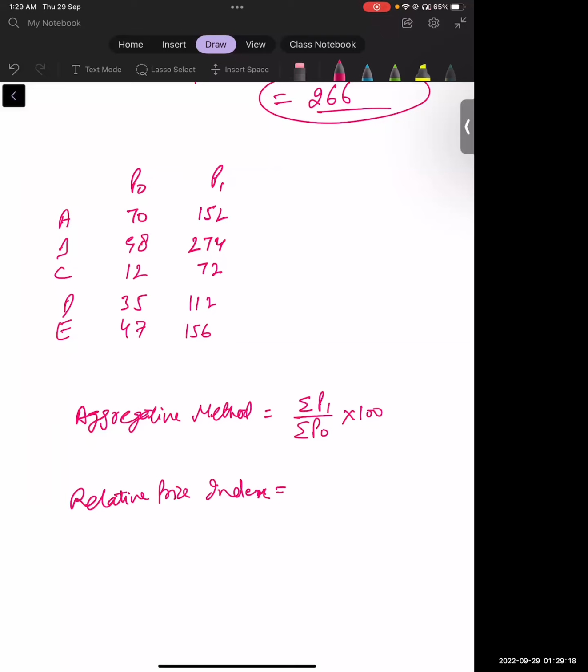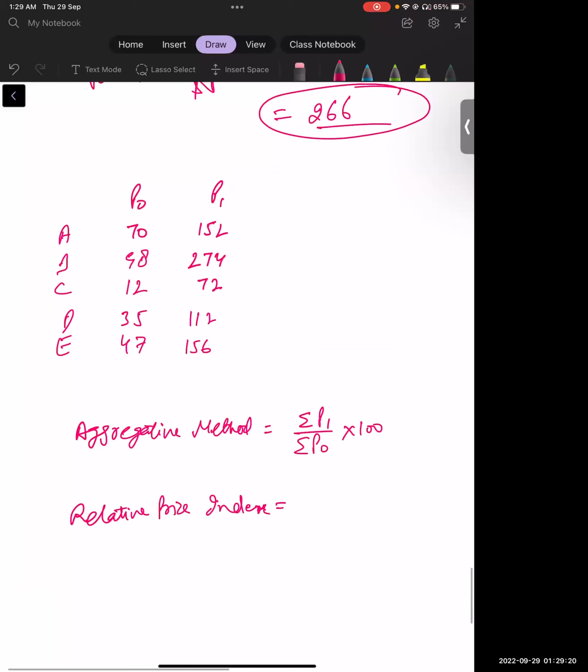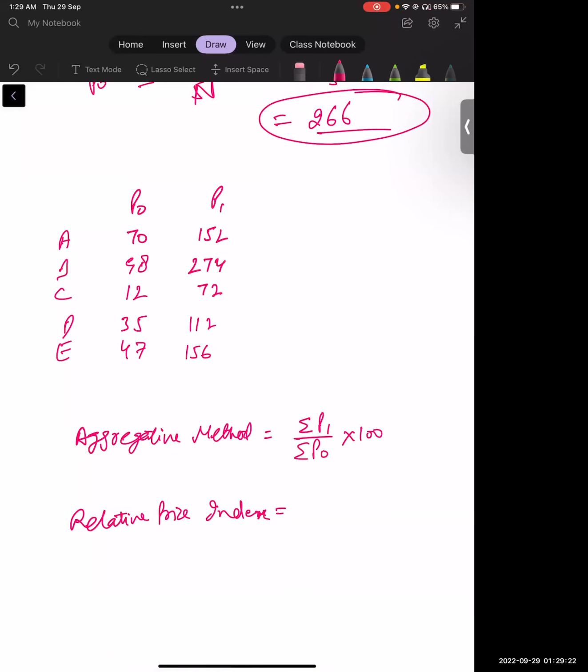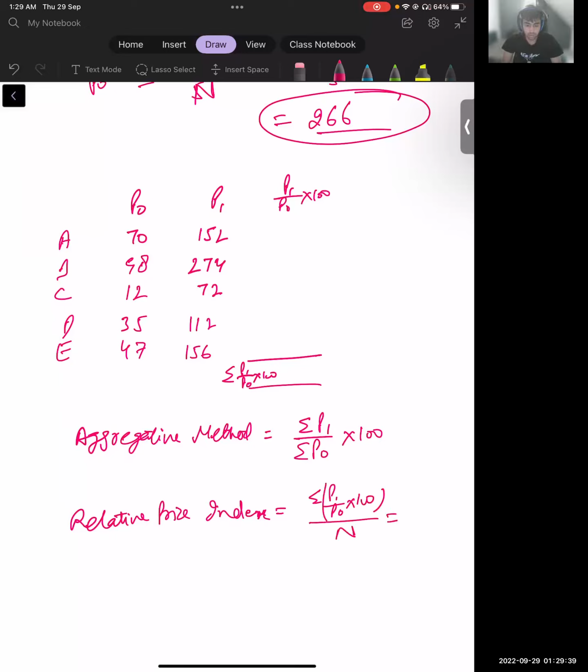In this case, first we find the relative price, then the average of the relative price index. So first, we will make the summation of all these terms, I'll make the total, then divide it by n, which is 5. Got it? Just do it and tell me the answer.